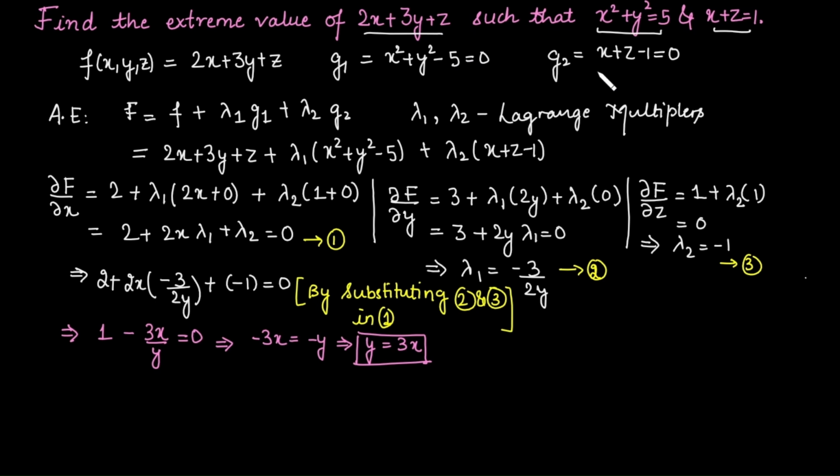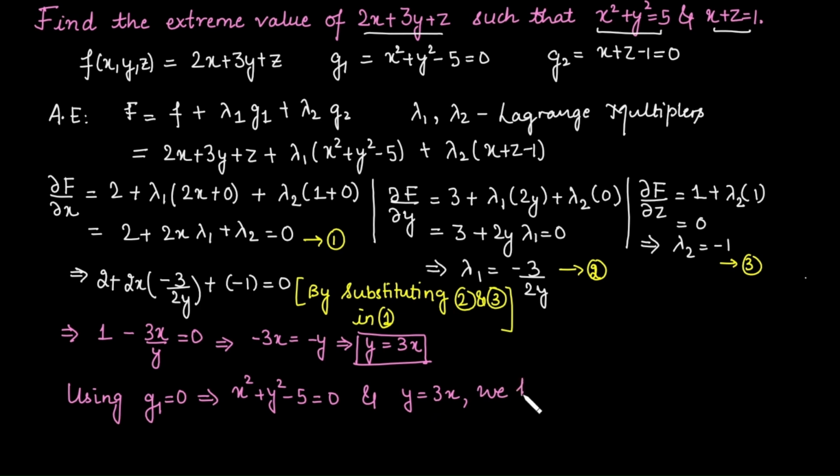Now use the condition in order to find the value of x and y. As per these two conditions, the first condition is depending upon x, y. With the help of the first condition, we can extract its values. Using d1 is equal to 0 means x square plus y square minus 5 is equal to 0 and y is equal to 3x.